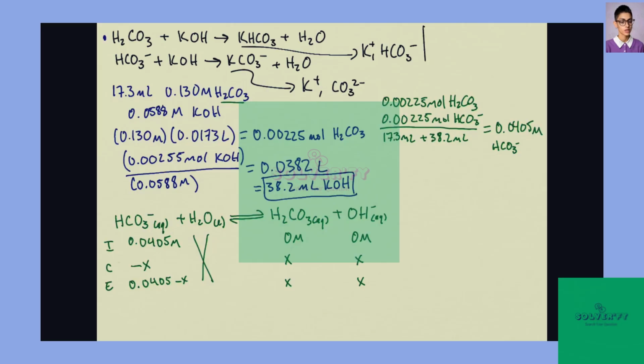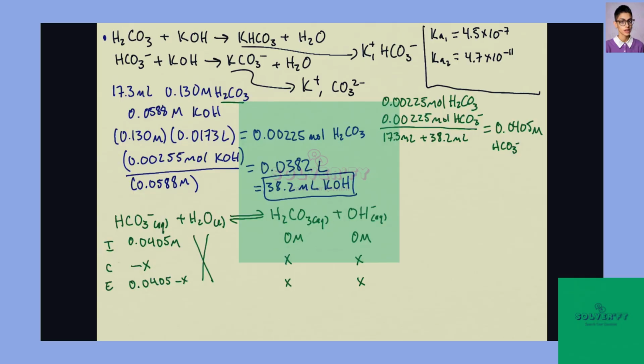Now, really quickly, our Ka values for H2CO3. Ka1 is 4.5 times 10 to the negative 7th, and Ka2 is 4.7 times 10 to the negative 11th.